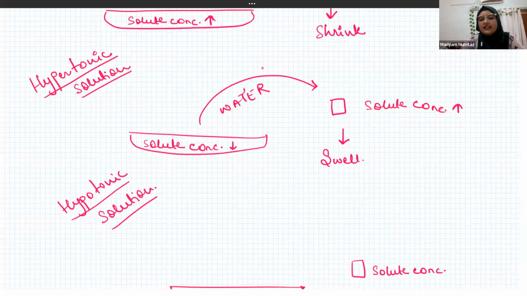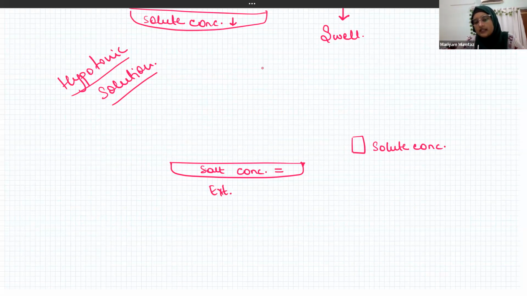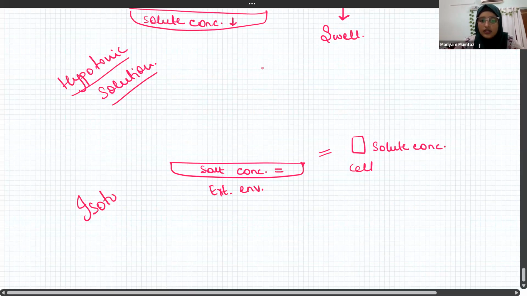And the third and final case is when the solute concentration in the external environment is equal to the solute concentration in the cell. It is not higher or lower. So then no influx or outflux of water will take place. And this is known as an isotonic solution. Clear?